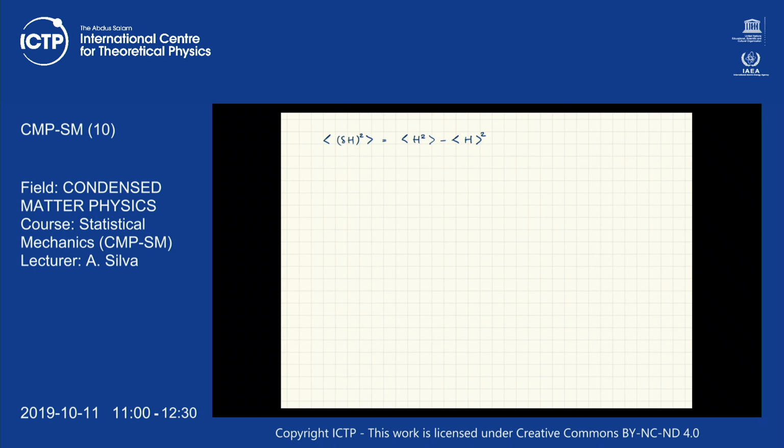Now, what is average of h squared? For this particular problem, average of h squared is equal to sum over i and j running from 1 to n of h squared sigma i sigma j, and then minus average of h squared, that is something we already calculated.